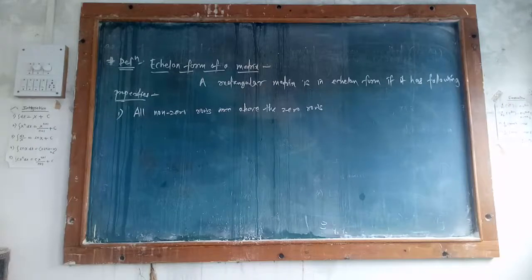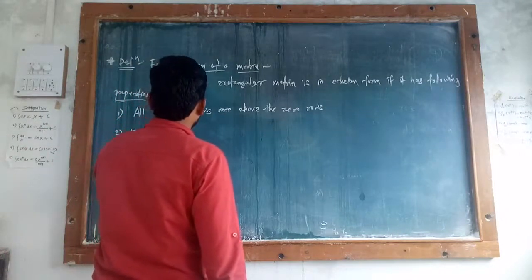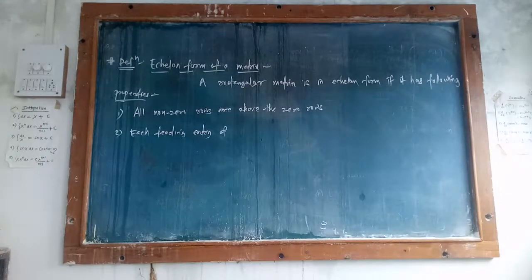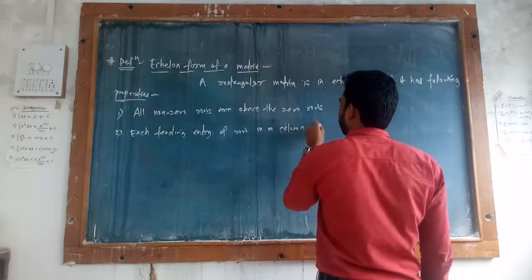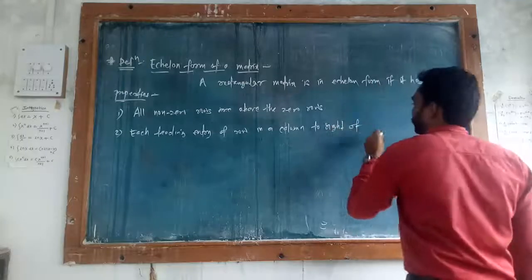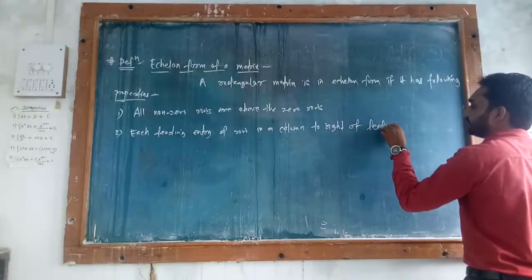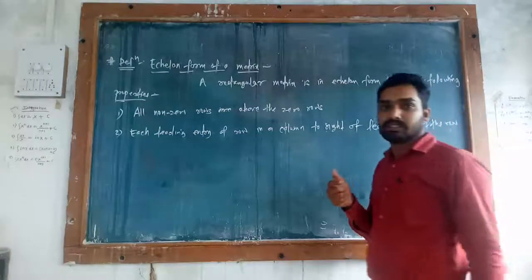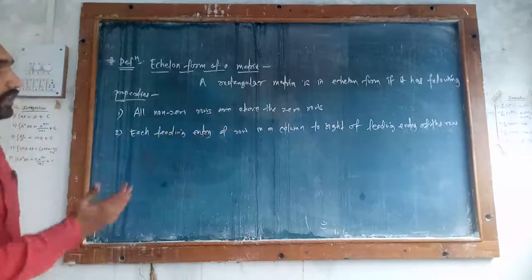And the second property is each leading entry of a row is in a column to the right of the leading entry of the row above it. Okay. What is the second property? If you have a matrix, each leading entry of a row is in a column to the right of the leading entry of the row above.